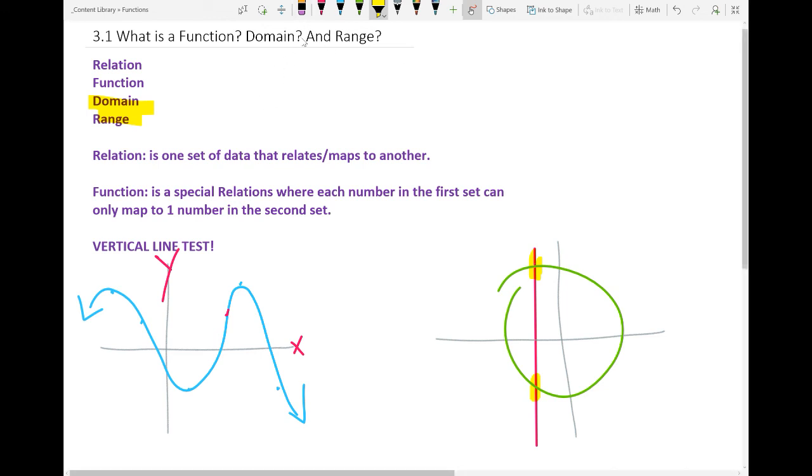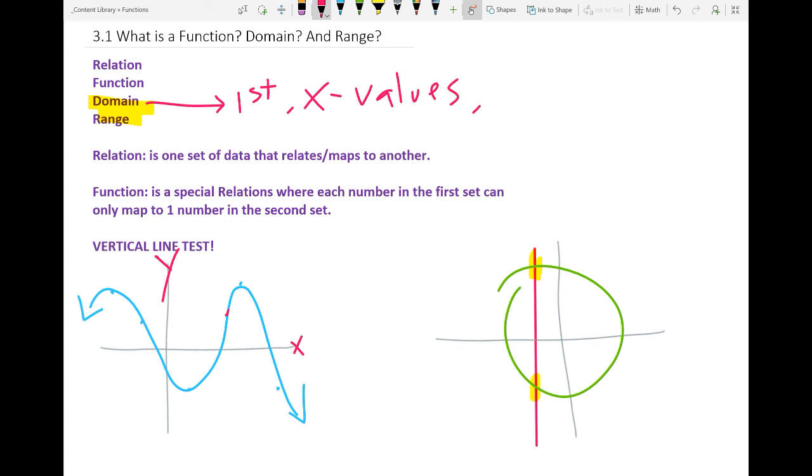All right, let's talk about domain and range really quick and then we'll be done. Basically, the domain is that first set of data that we talked about. So it's your starting place. These are always X values.